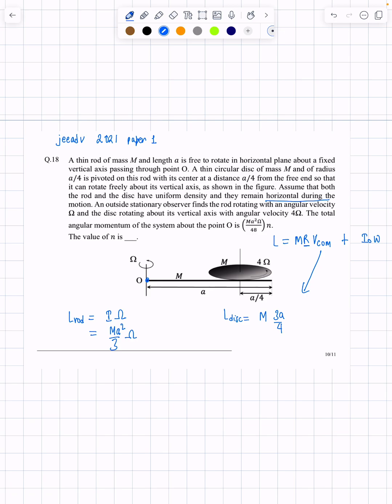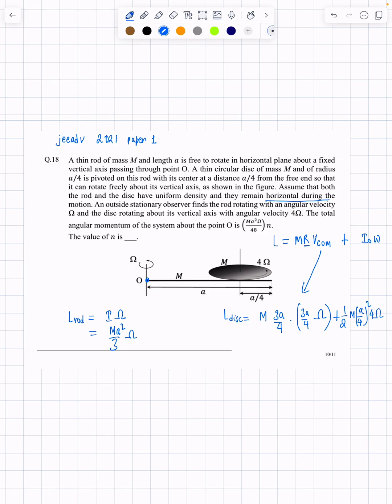And the velocity of the center of mass: the center of mass is rotating around O with angular velocity omega, and it is at a distance 3a over 4, so that gives the velocity of the center of mass. So this is the first term, and I naught is half mr square for a disk. Here r is a over 4, and its omega here is 4 omega.